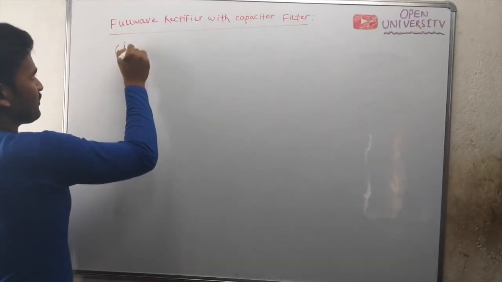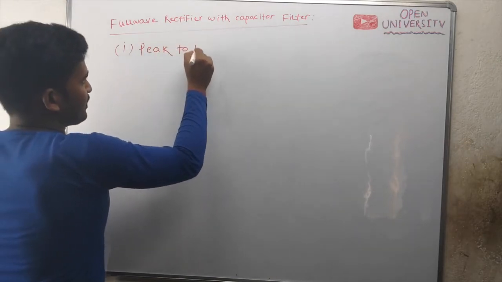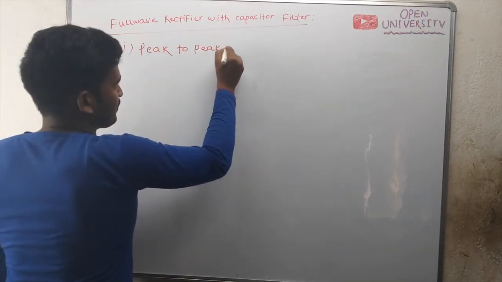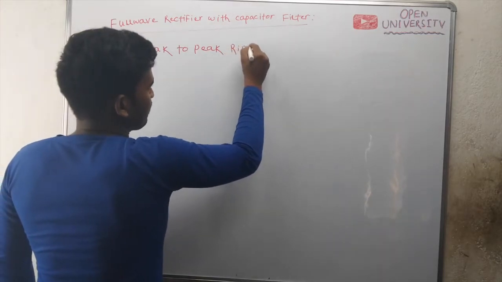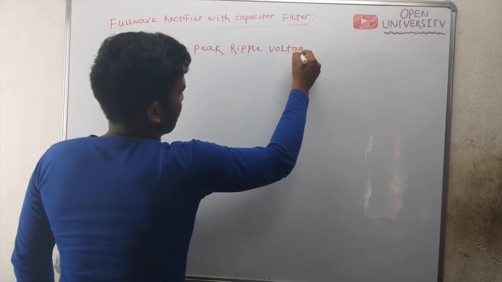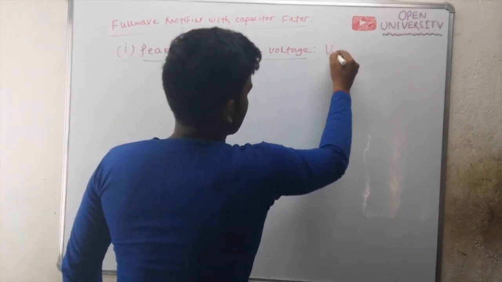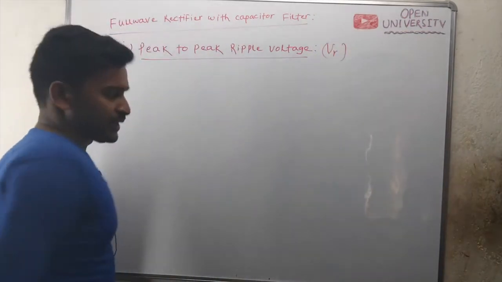First point, what is the peak to peak ripple voltage? It is denoted as VR.